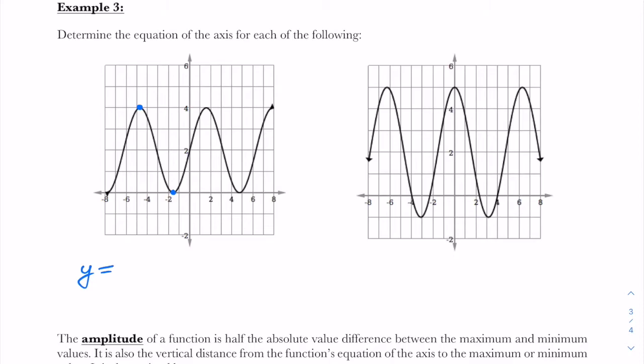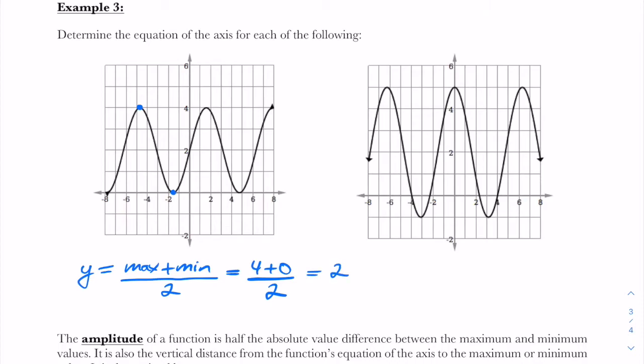Y equals the maximum value plus the minimum value, I'll just do max plus min for short, divided by 2. And now you just plug in the y values. So we have a max value of 4, a minimum value of 0, and we divide that by 2, and that'll give you an average of 2.